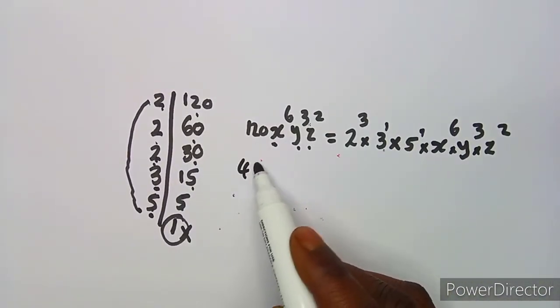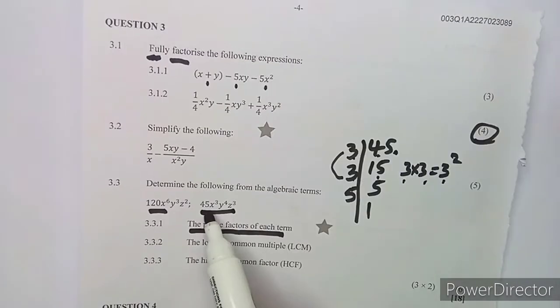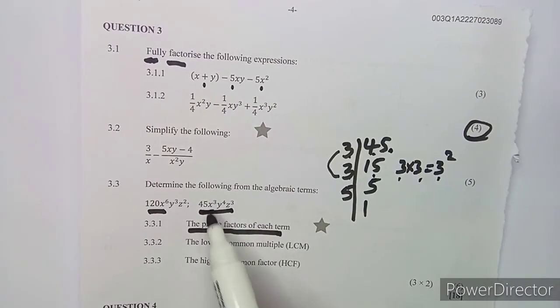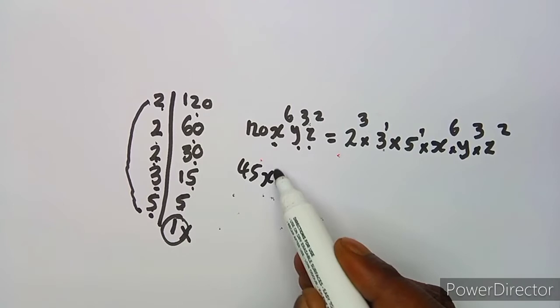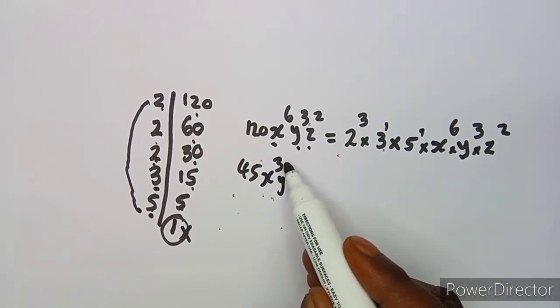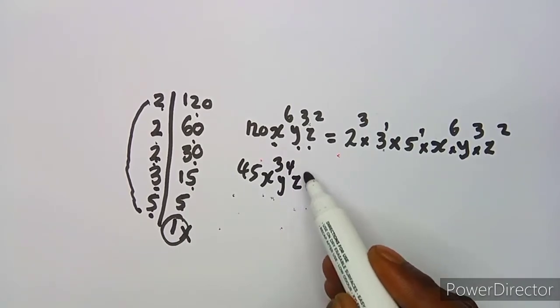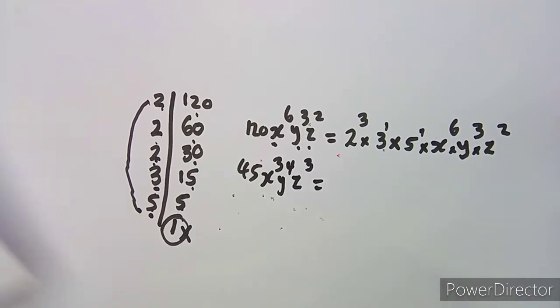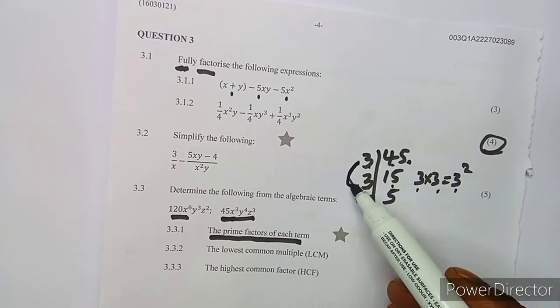But this was 45 x to the exponent of 3, y to the exponent of 4, z to the exponent of 3. So 45 is 3 to the exponent of 2 times 5.